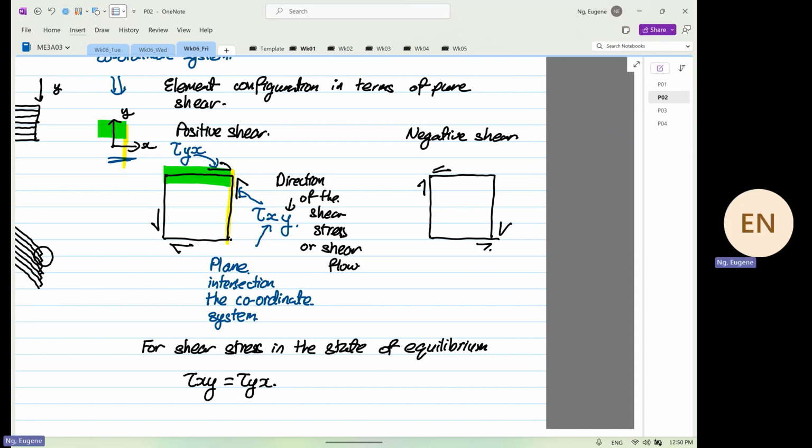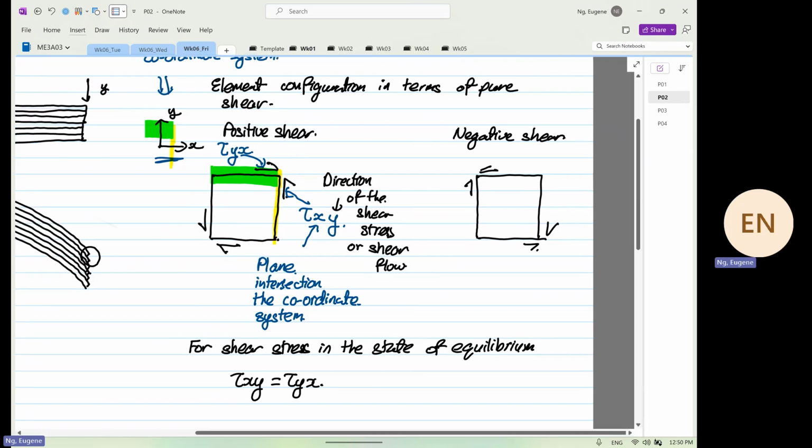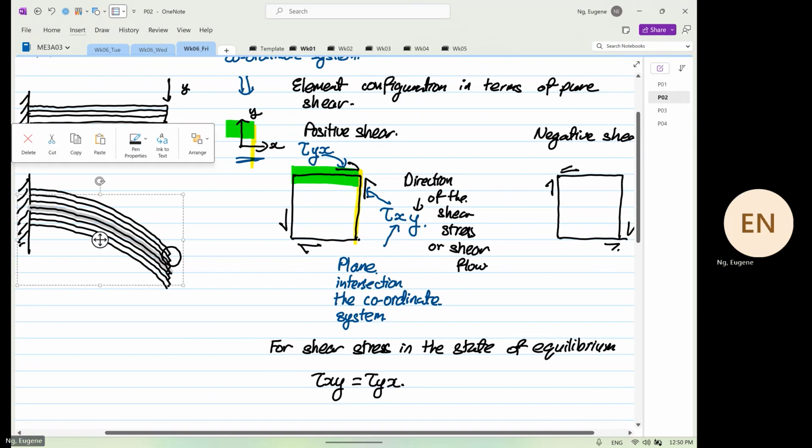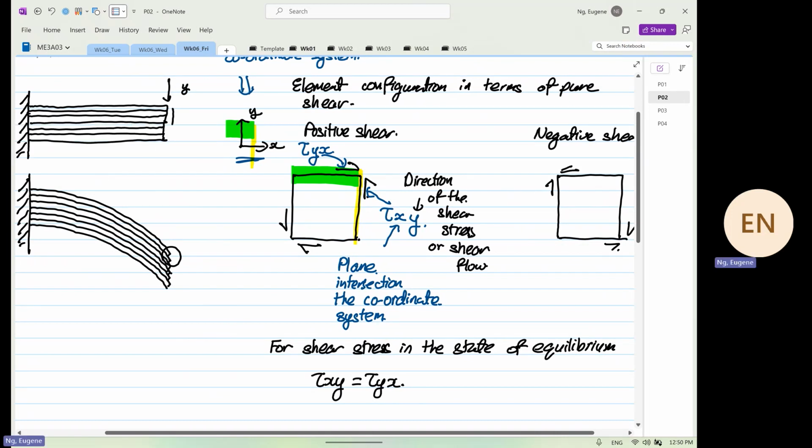That is the final length of our shear xy must be equal to the what? Shear yx. So what do I mean by this is the link, right? So when we look at this structure now, this is the shear what?